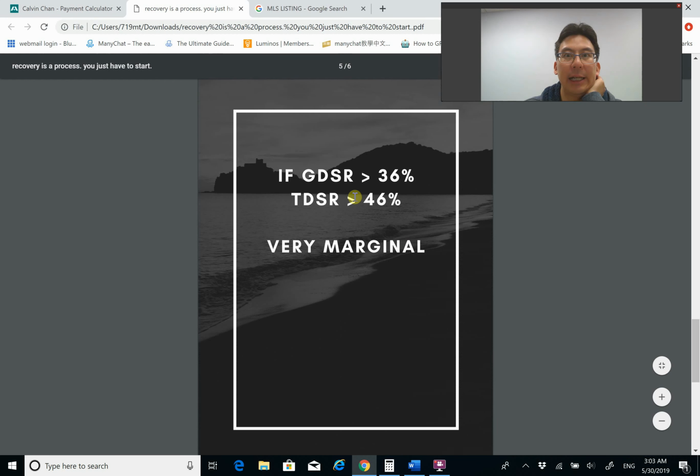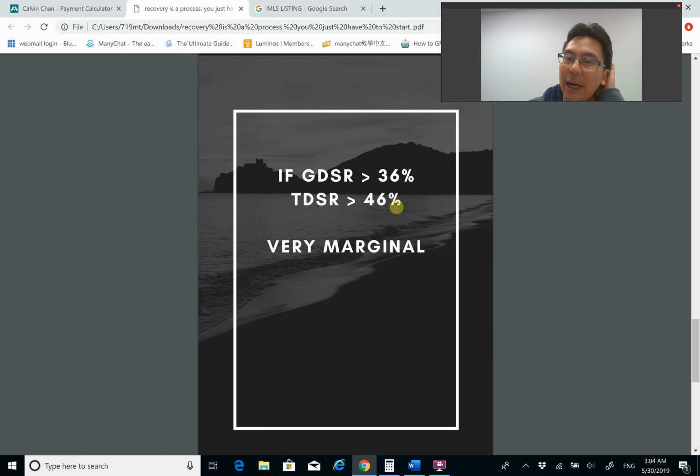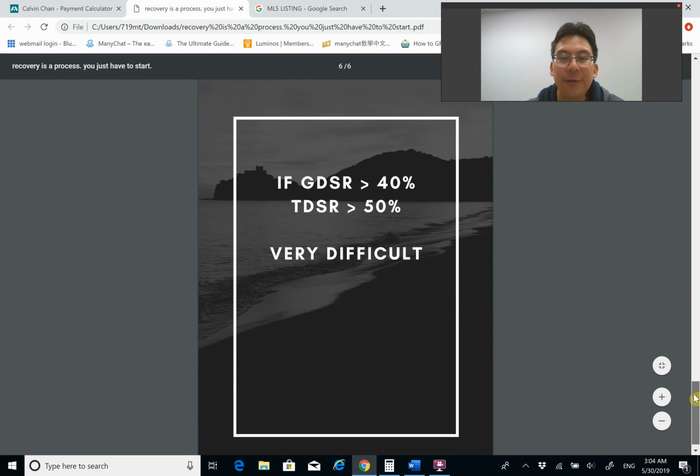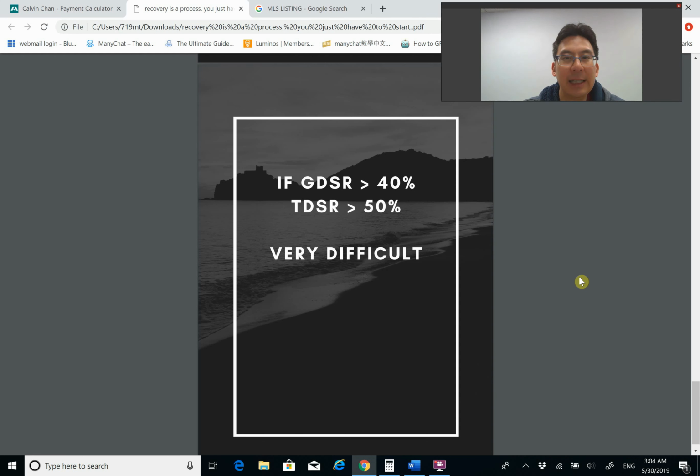Now, if the GDSR is more than 36% and TDSR is more than 46%, this is very marginal. I would not say that this is impossible, but it doesn't look good. And lastly, if your GDS is more than 40 and TDS is more than 50, I suggest you first go talk to your mortgage broker, because this is a very difficult case.